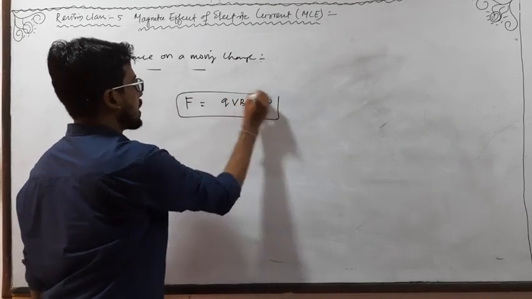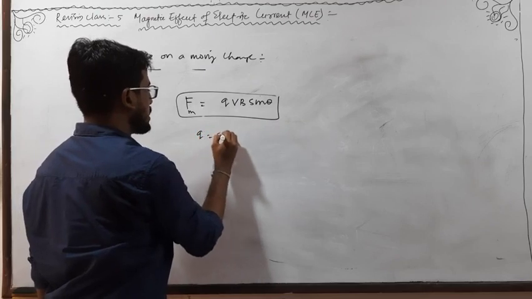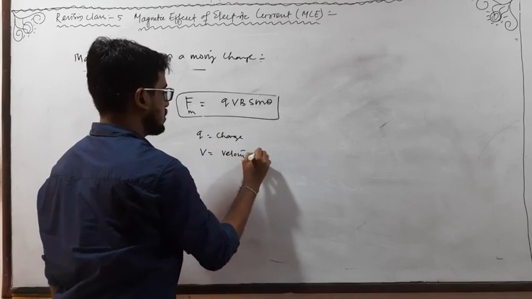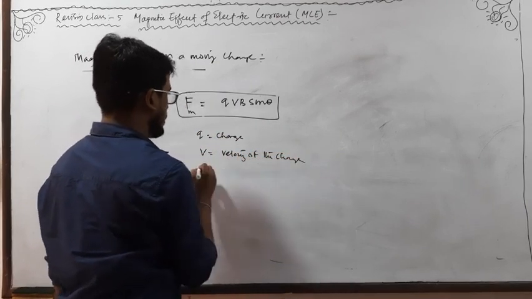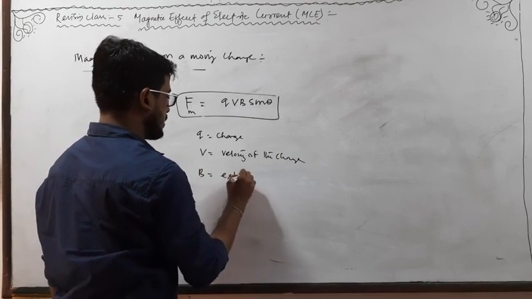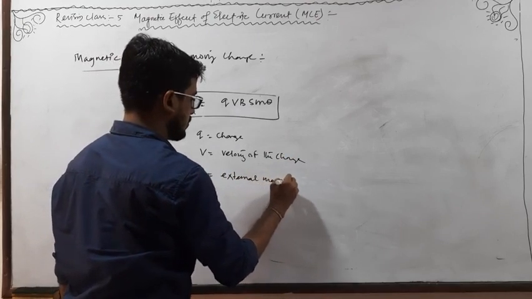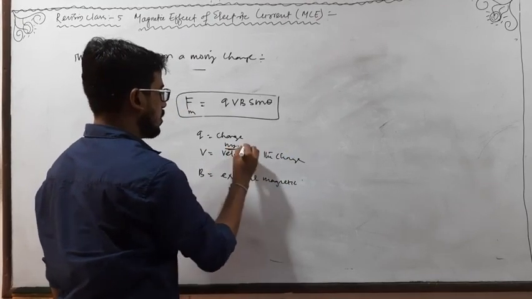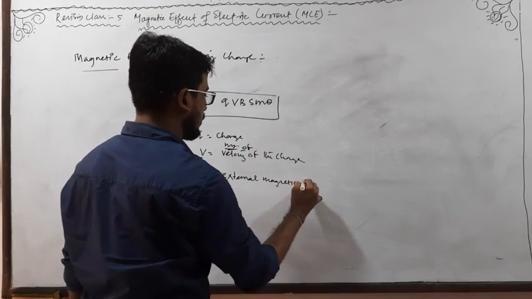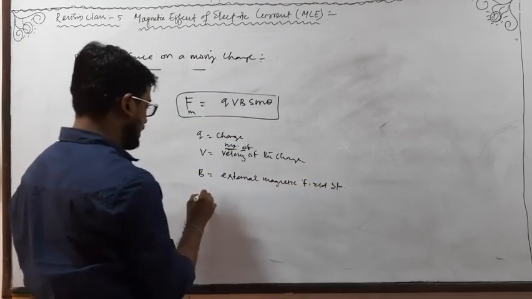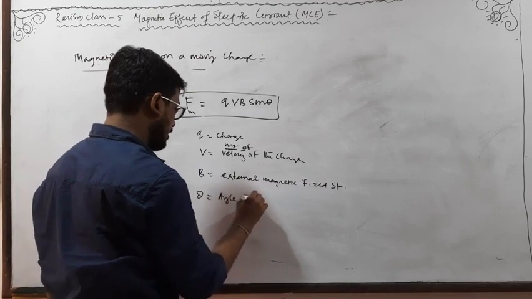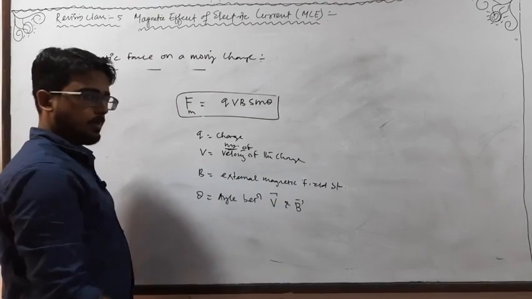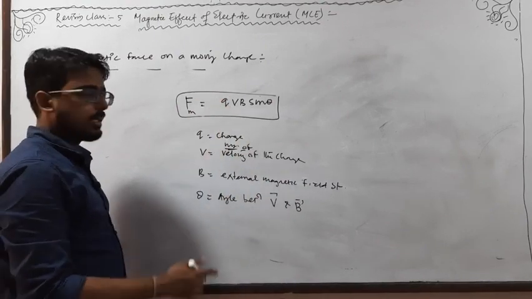This is the magnetic force acting on a moving charge, where q is the charge, v is the magnitude of velocity of the charge, B is the external magnetic field strength, and theta is the angle between the velocity vector and the magnetic field strength vector. Clear?